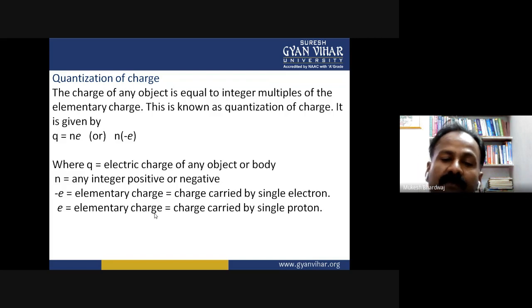The property of quantization of electric charge has to be kept in mind while dealing with electric and magnetic problems at the microscopic level. For many practical purposes or large-scale phenomena, we can ignore the quantization of charge and regard the charge as something continuous.